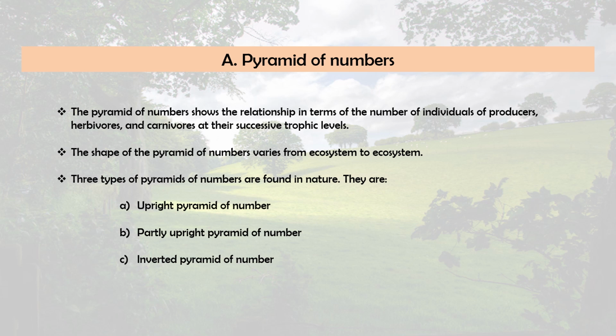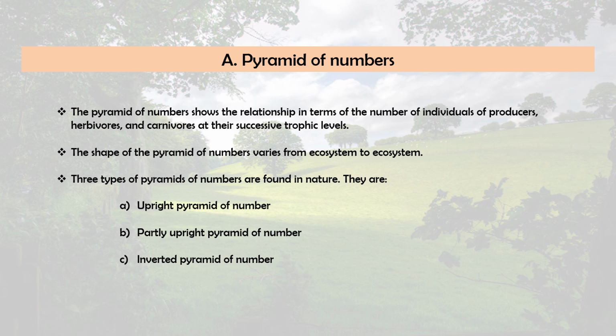Here, as the name suggests, this pyramid is made on the basis of the number or the amount of organisms or individuals like producers, herbivores or carnivores at their successive trophic levels.